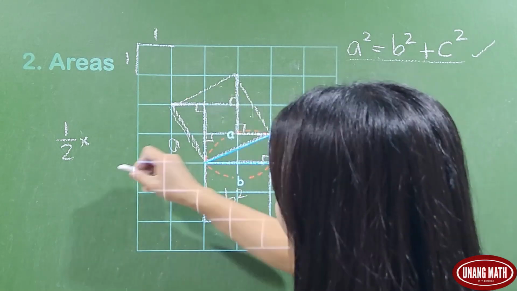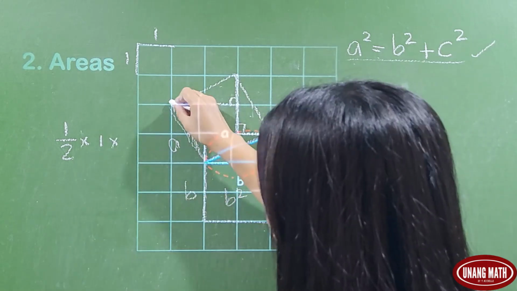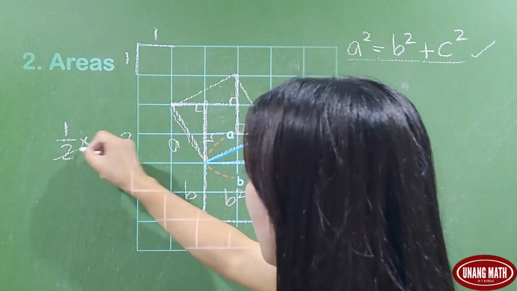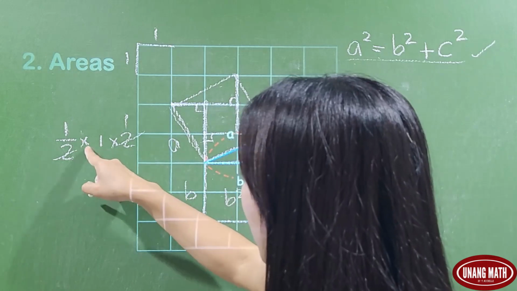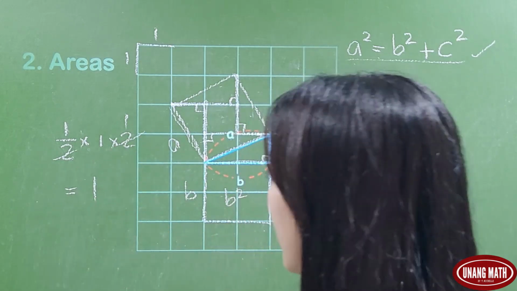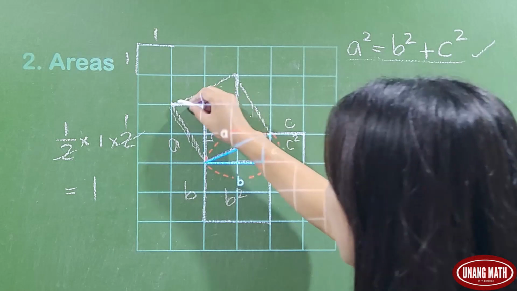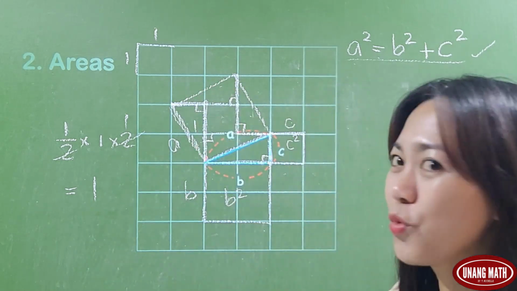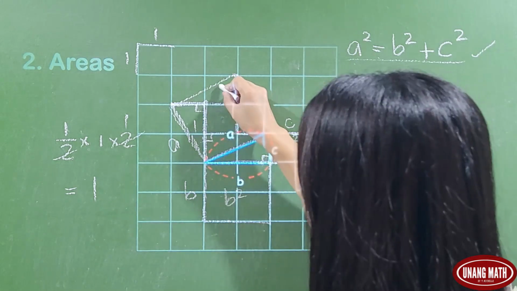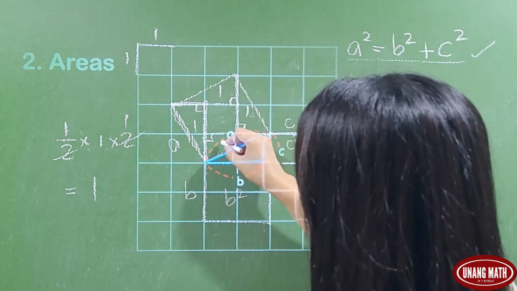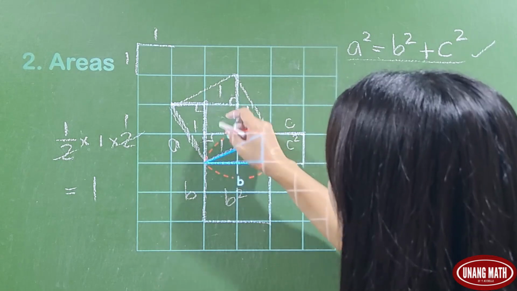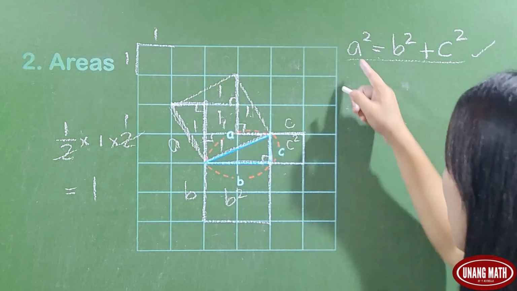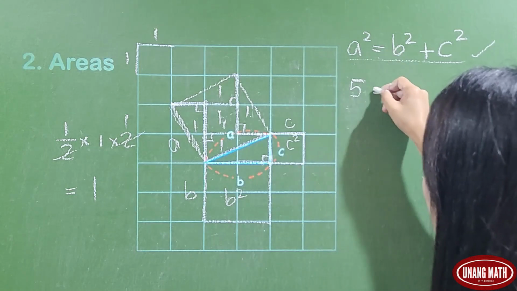So base is 1, height is 1, and 1/2 times 1 times 1 would be equal to 1/2. So one right triangle is equal to 1 square. So this is 1, this is 1, this is 1, this is 1. So 1, 2, 3, 4 plus 1, this is equal to 5. So a squared here is equal to 5.